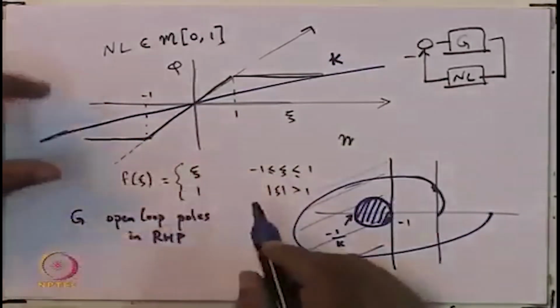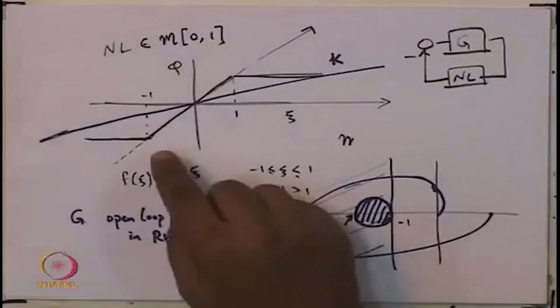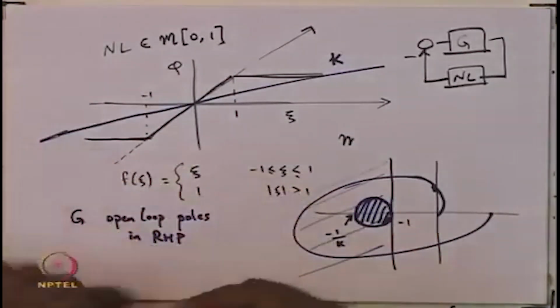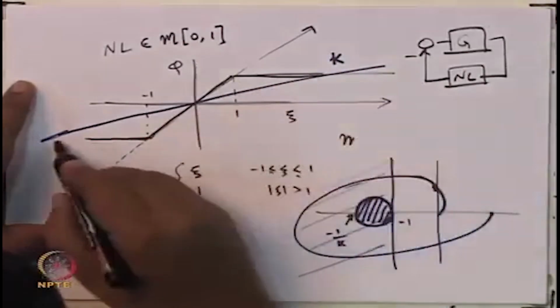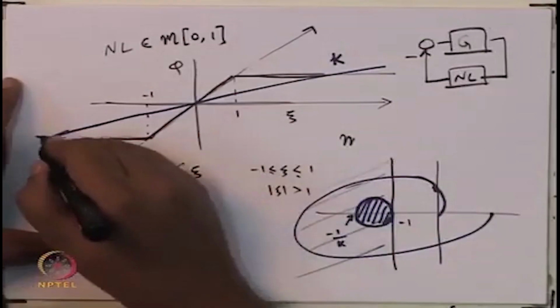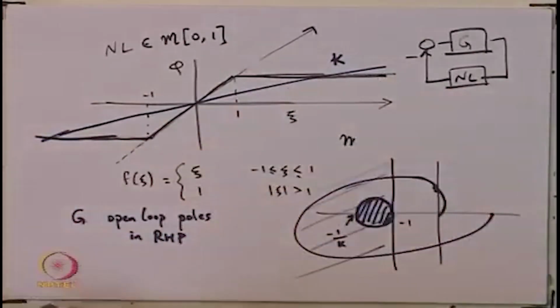Okay. Now, if you look at the original nonlinearity, the original nonlinearity is this one, and the original nonlinearity of course lies in the 0 infinity sector.